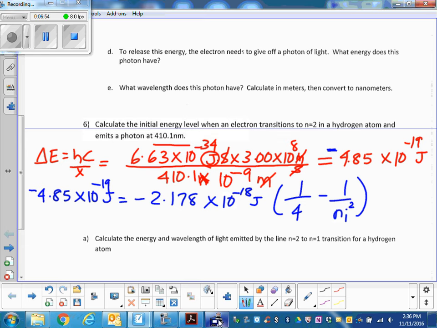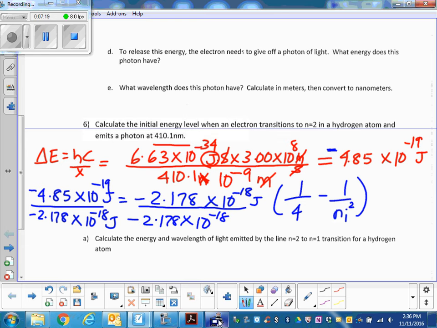Now I'm going to get rid of this number, negative 2.178 times 10 to the negative 18 joules. Are you with me? I'm dividing both sides.